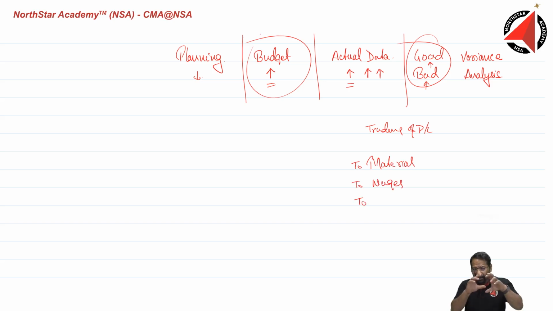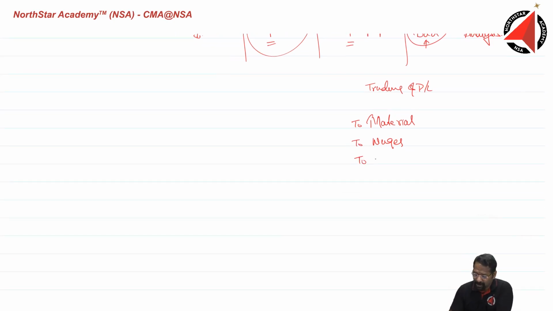I'm merging the trading and P&L account together, showing all expenses together. So you have seen salaries, you have seen to admin expenses, you have seen so many other types of expenses, and you have also seen by sales or revenue, and by closing stock.